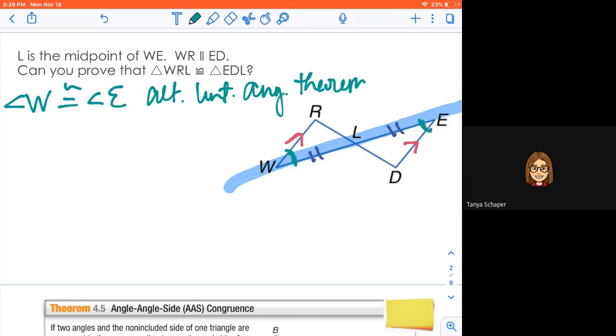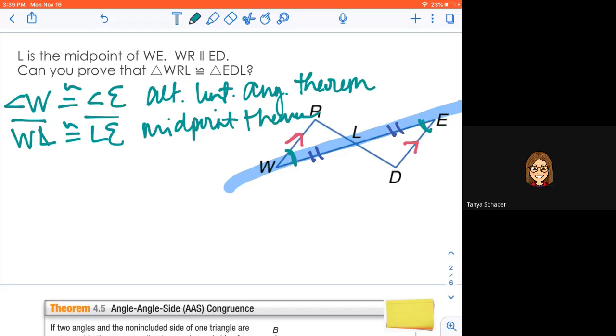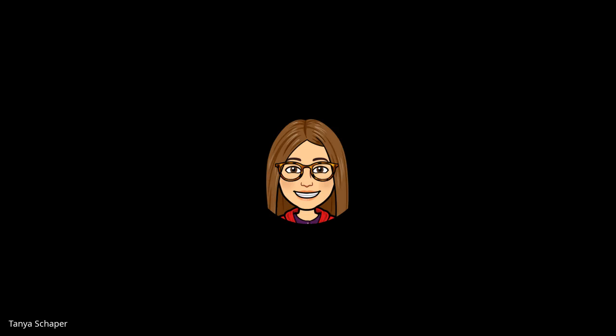It's important to give my reasoning. We can say that WL is congruent to LE because of the midpoint theorem. And then because of the vertical angles theorem, I can say that angle RLW is congruent to angle DLE.